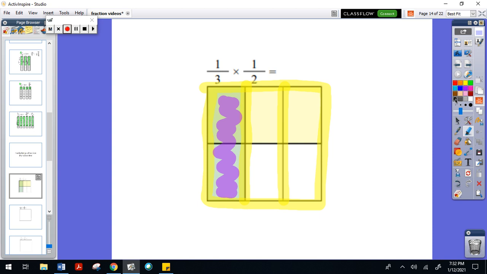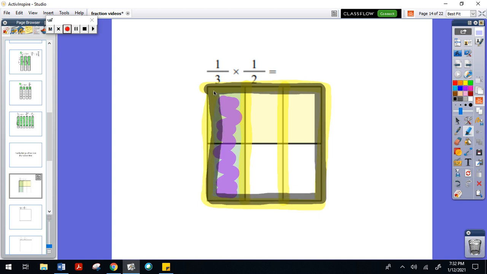Then they took their fraction 1/2 and they went the opposite direction, laying it on top, just like this. And again, they partitioned it or colored it to represent 1/2, just like this.